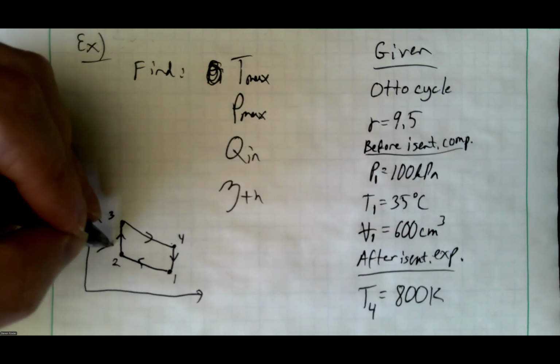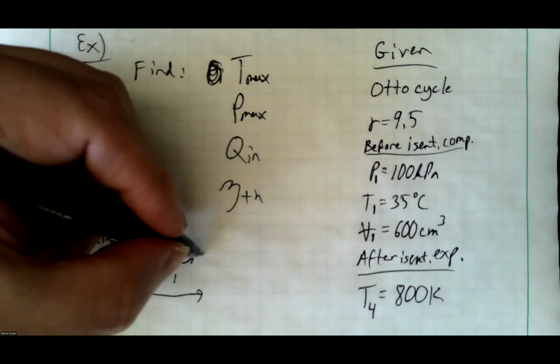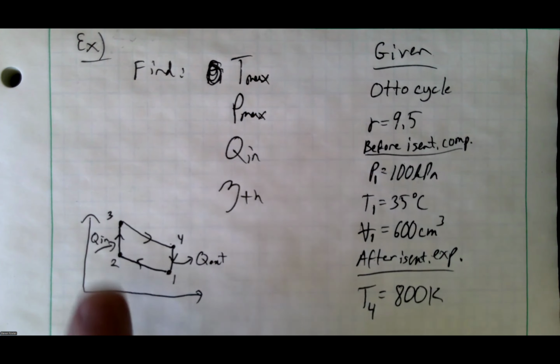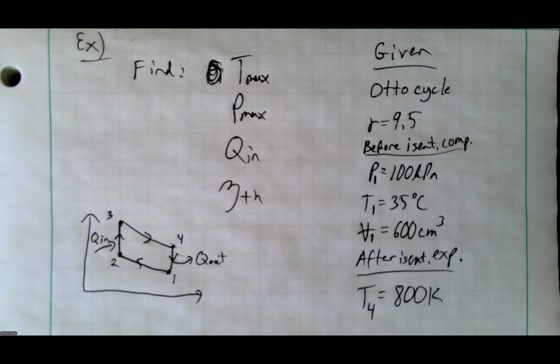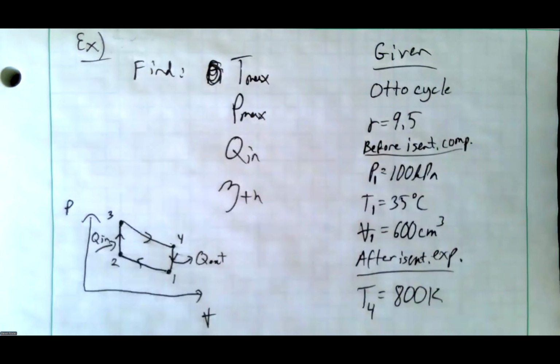The diagram typically includes Q in and Q out. Work out is occurring on top because it's expansion. Work in is occurring on the bottom. That's compression, which we talked about back in chapter 4. And this is pressure with respect to volume.